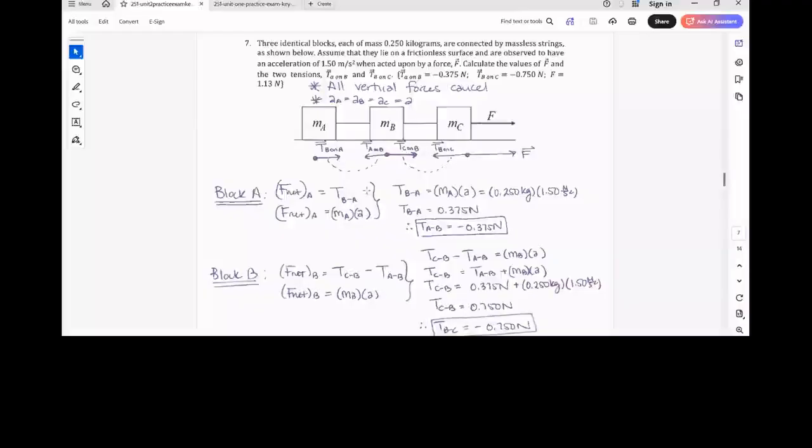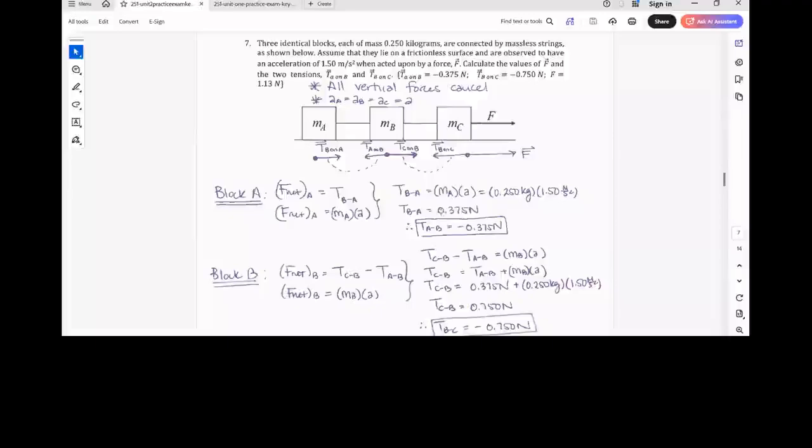TB-A just means B on A. We're not subtracting anything here. But because that's the only unbalanced force on block A, that has to be equal to F net. No matter what, F net's going to be equal to the mass of block A times our acceleration. So if I put those together, I can solve for TB on A, which is just mass times acceleration, the two things we started off knowing.